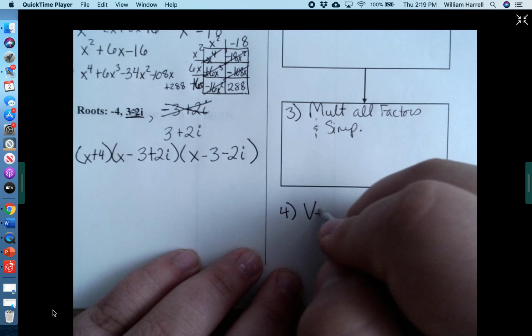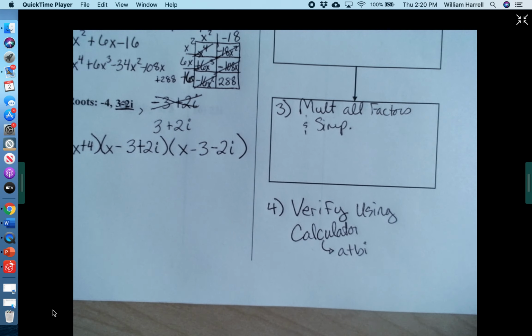Alright, I'm going to tell you to verify using your calculator, and again, the calculator needs to be in A plus Bi mode. This will allow me to use both positive, or imaginary and real solutions along with irrational ones.